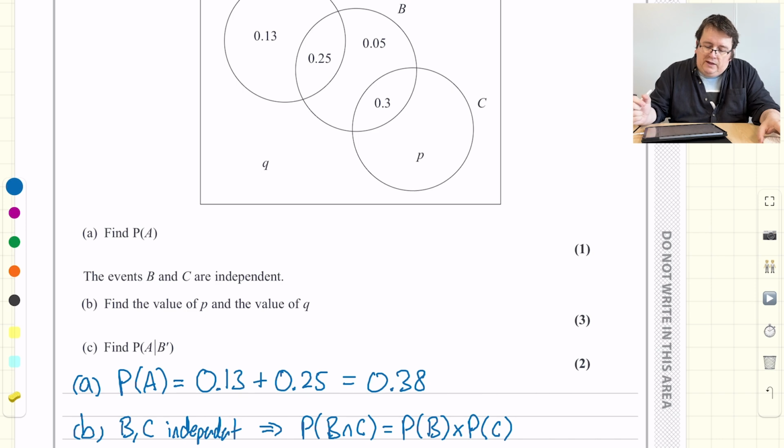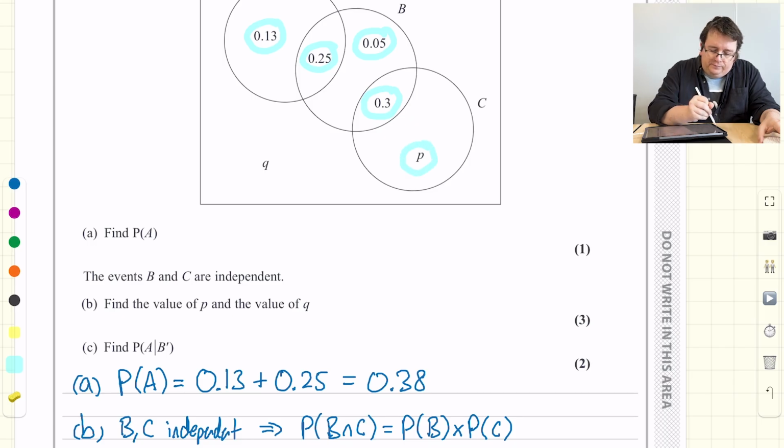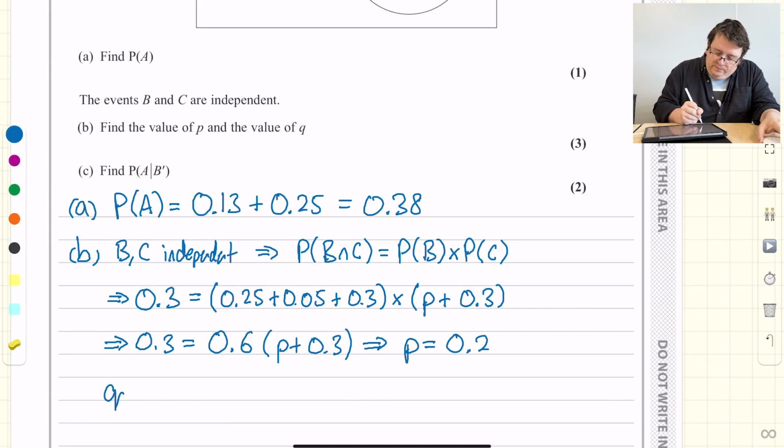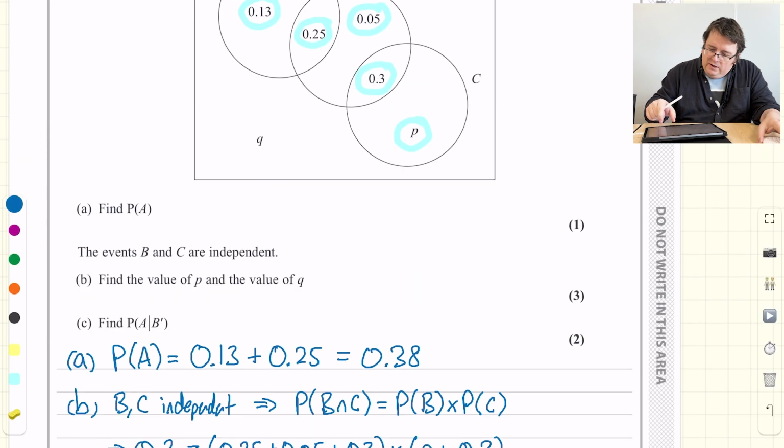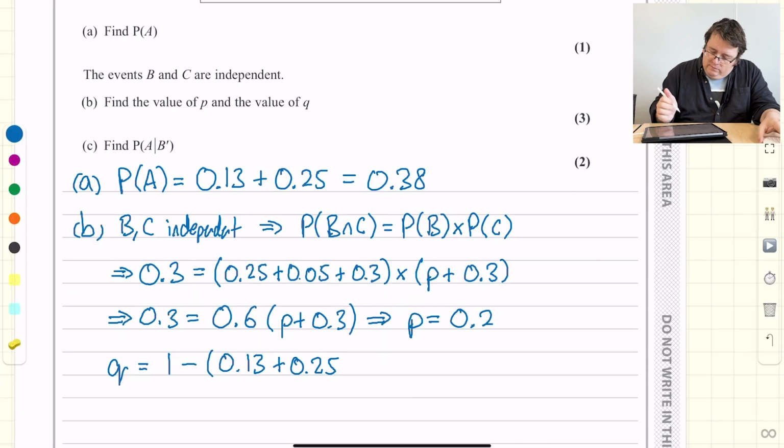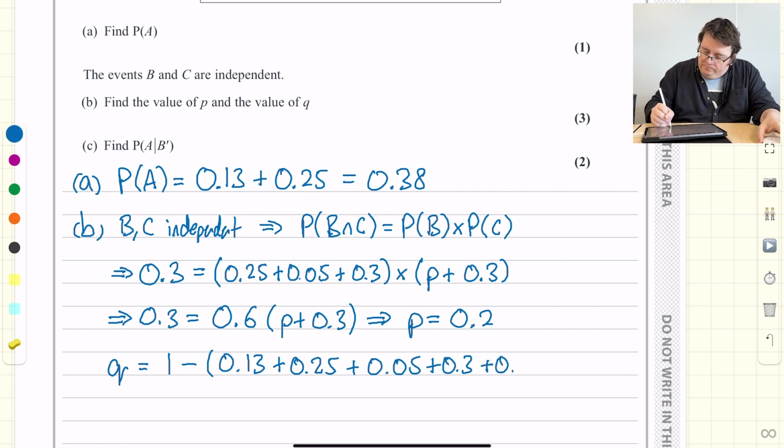And now we need to find Q. Well, Q is on the outside there, and will be 1 take away all of the other probabilities added together. So Q is equal to 1 take away 0.13 plus 0.25, 0.05, 0.3, and P, which was 0.2.